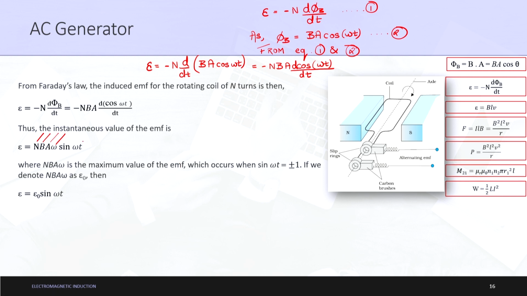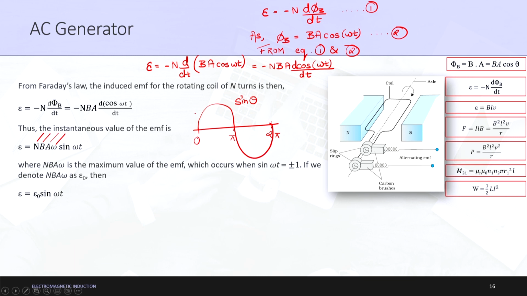Because we already know sin theta, let me make the graph of sin theta. Let us say this is 0, this is pi, this is 2 pi.